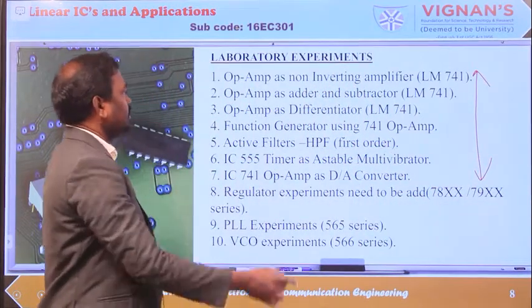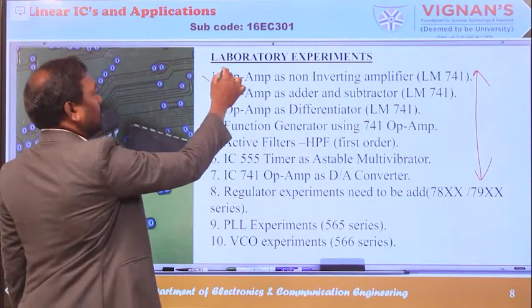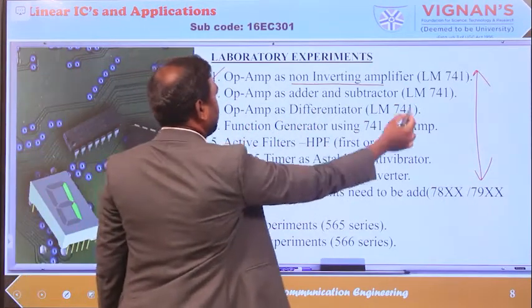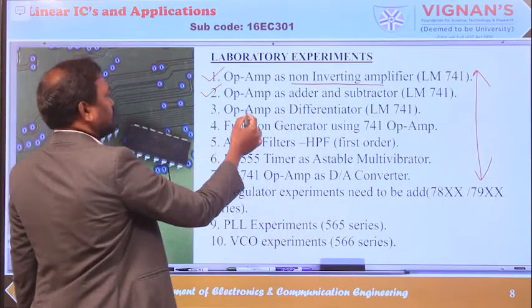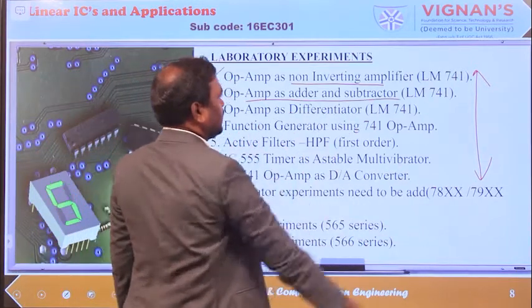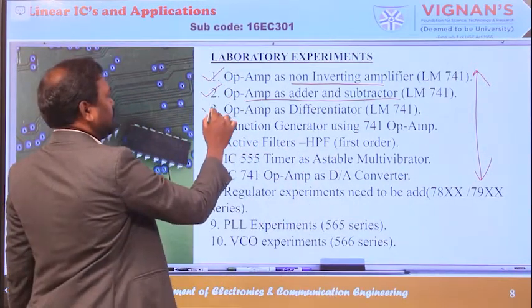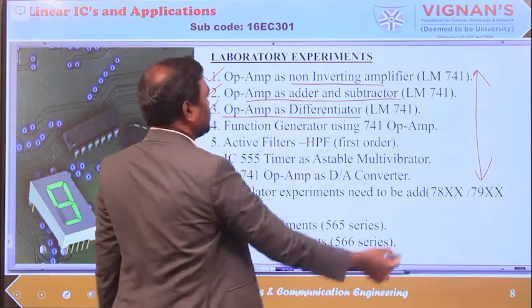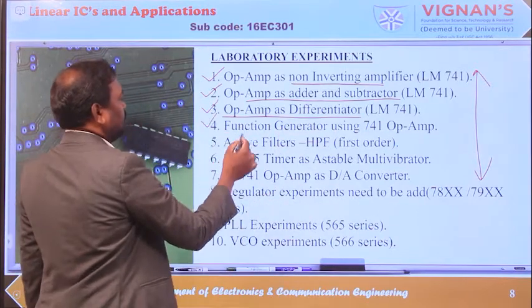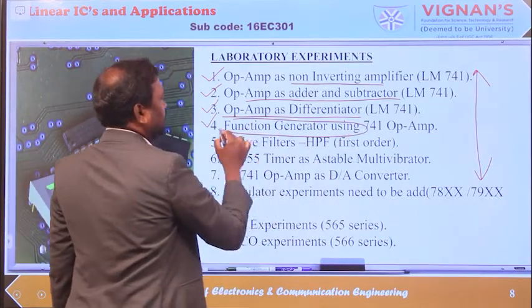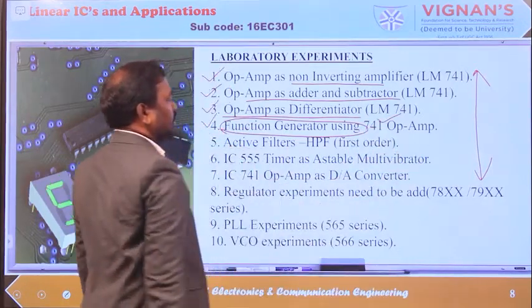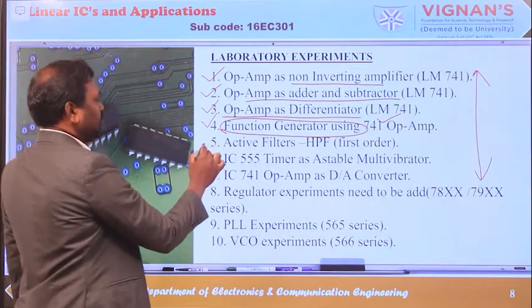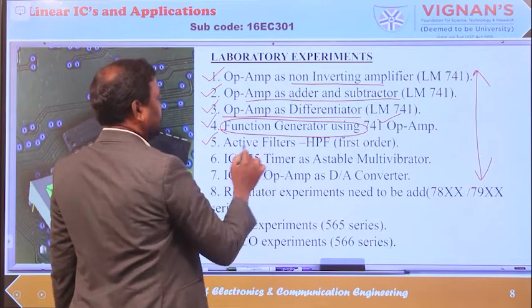The first one is op amp as non-inverting amplifier, the second one is op amp as adder and subtractor, the third one is op amp as a differentiator, the fourth one is function generator design using 741 op amp, and the fifth one is filters design.